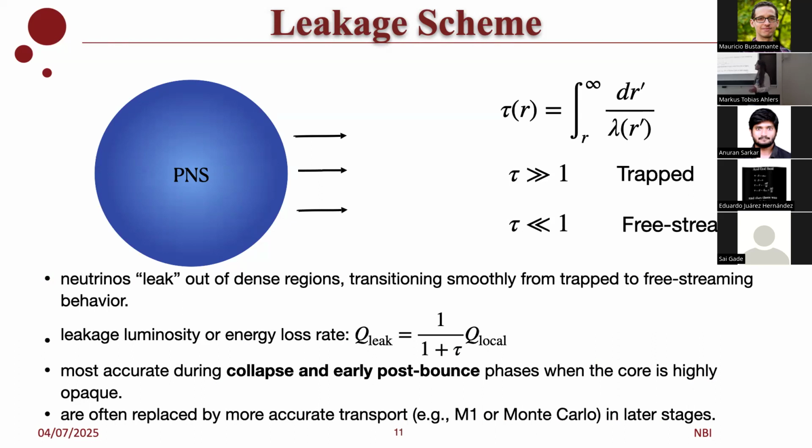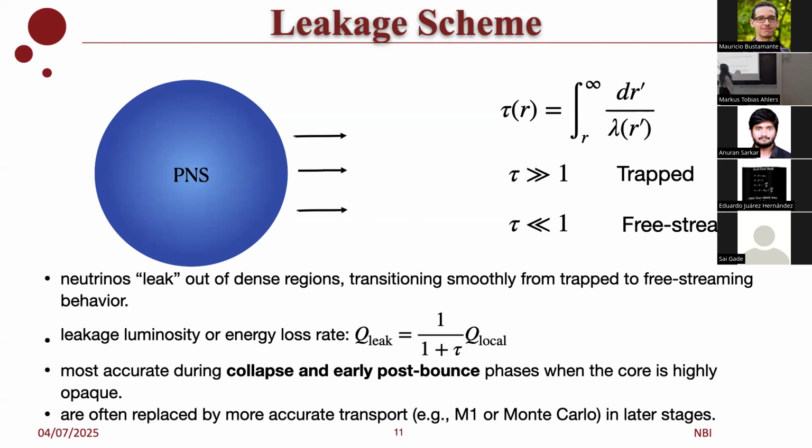So the idea of this leakage scheme is very simple. We have neutrinos that have different energies, different flavors. You have seen yesterday that depending on what the energy of neutrinos are, the decoupling radius for them are different. They have different mean free paths here, and depending on what the neutrino mean free path is or neutrino optical depth is, they can be either trapped or they can be free streaming.